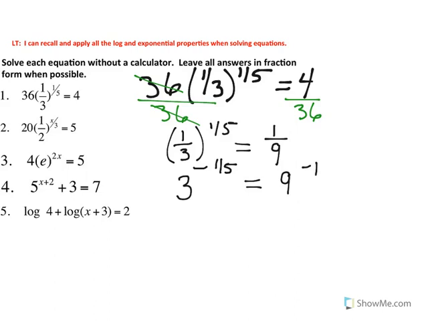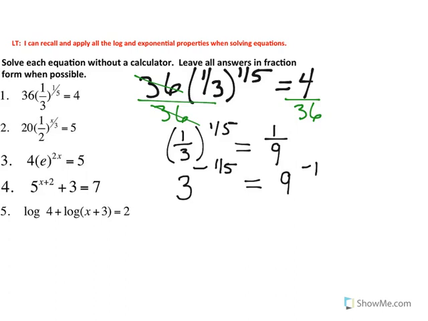Now, these are not the same base yet, but based on that number sense, based on what I know about these factors and squared numbers, I'm pretty sure that I can rewrite base 9 as a base of 3. So I'm going to walk through that again and just vocalize my thinking process.